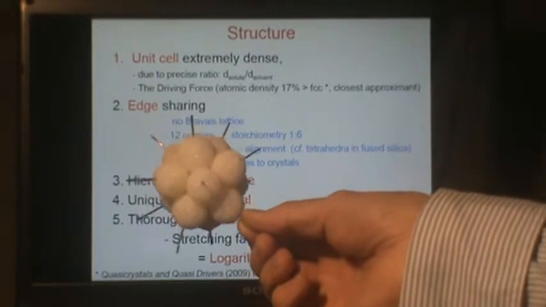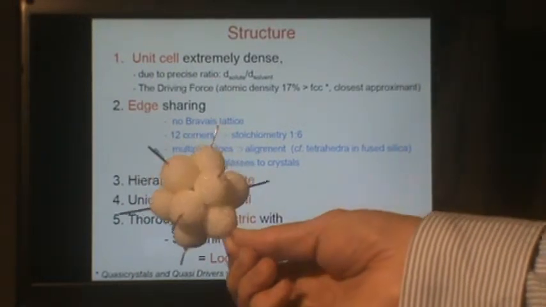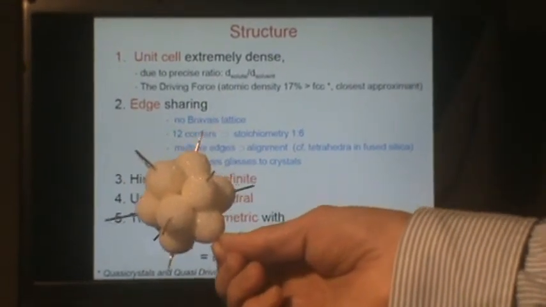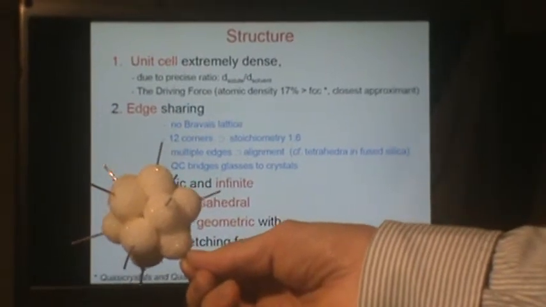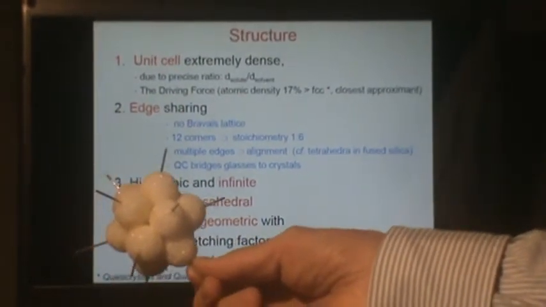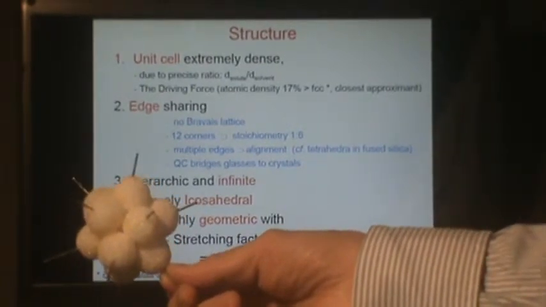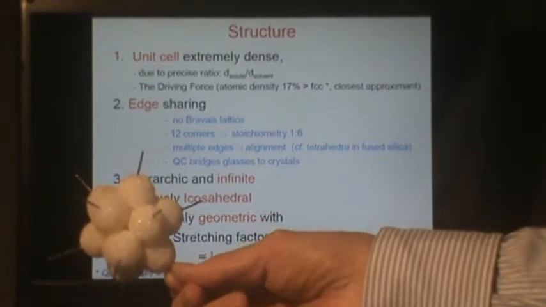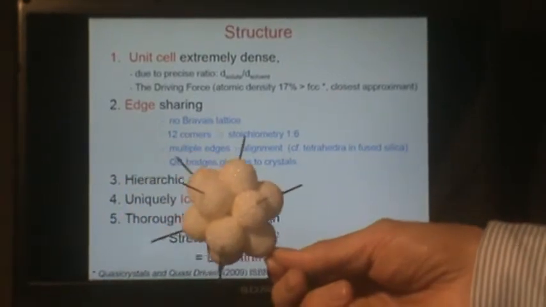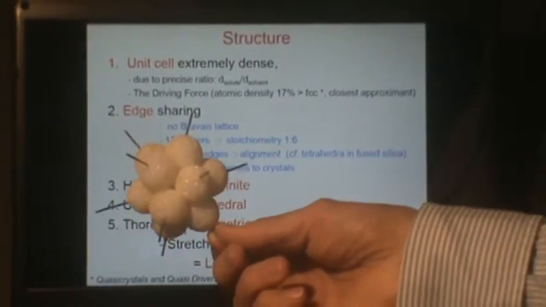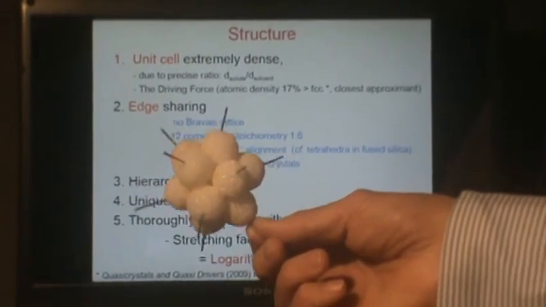The density, atomic density, is 17% greater than that of the equivalent structure in the face-centered cubic structure. And remember that the matrix phase in melt-spun aluminium-6 manganese is face-centered cubic. So the FCC structure is the nearest approximate to the quasi-crystal structure in 2 senses.